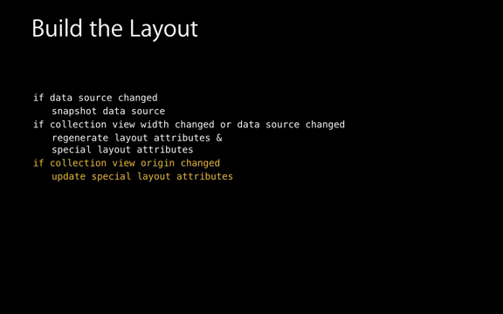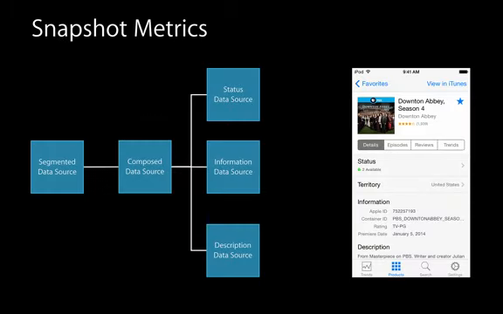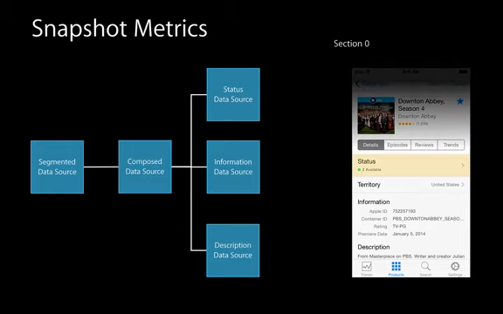So let's take a look at how we snapshot the metrics. So we have this hierarchical structure of data sources. And on your right is the product details screen. So we start with section 0, which is the status.